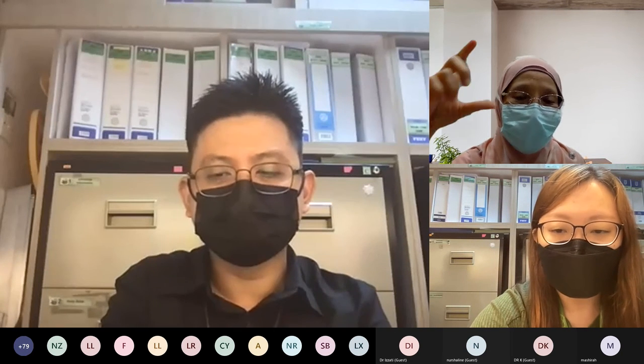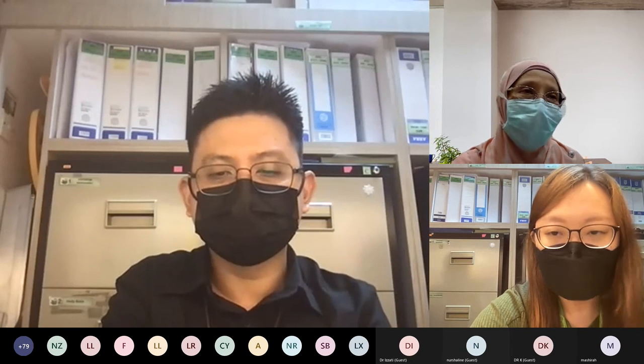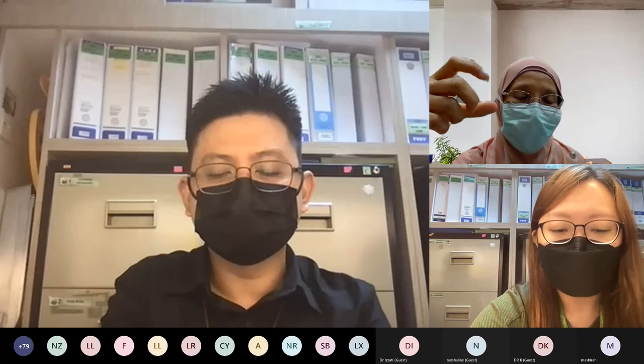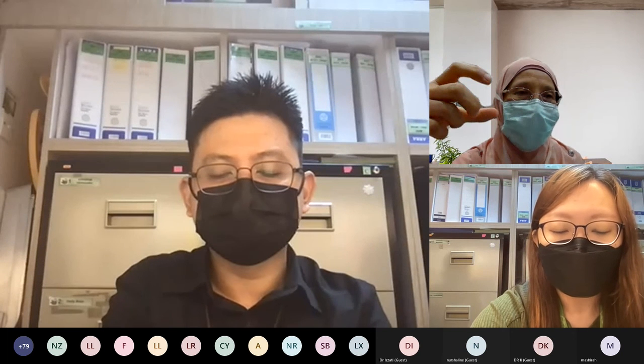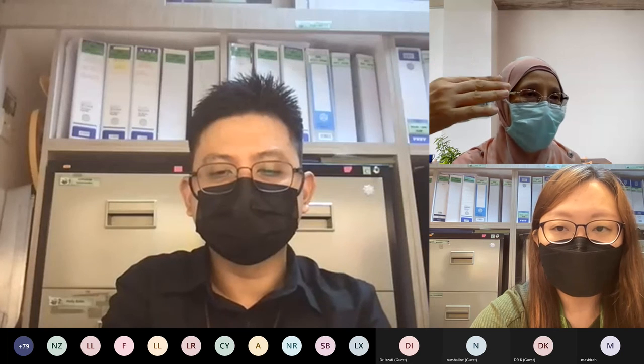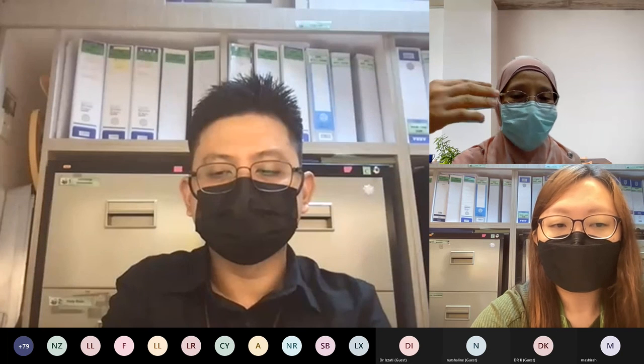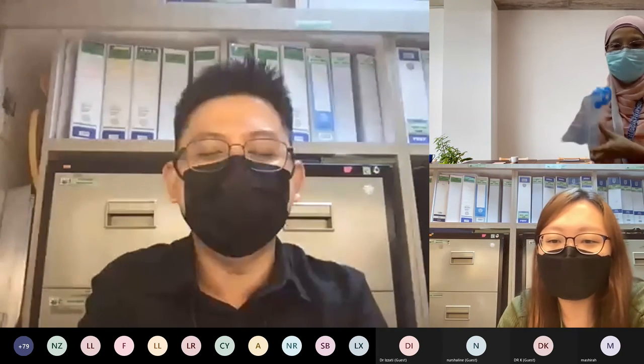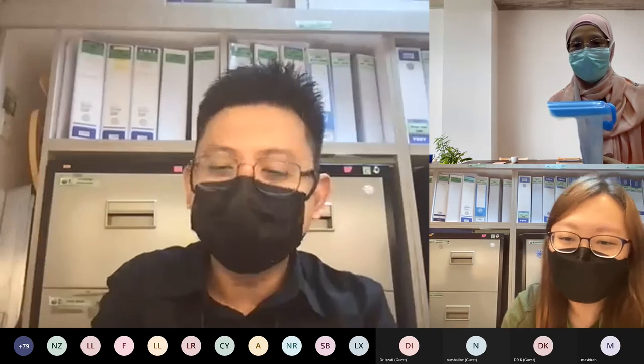Then the bottle is a must, and then the second layer will be we put inside a biohazard plastic bag. Okay, now even in the hospital itself, from the clinic, if we send to the lab, it has to be in a container like this. Can you see? Yeah. You're right, a rigid container. Rigid container. Yeah.